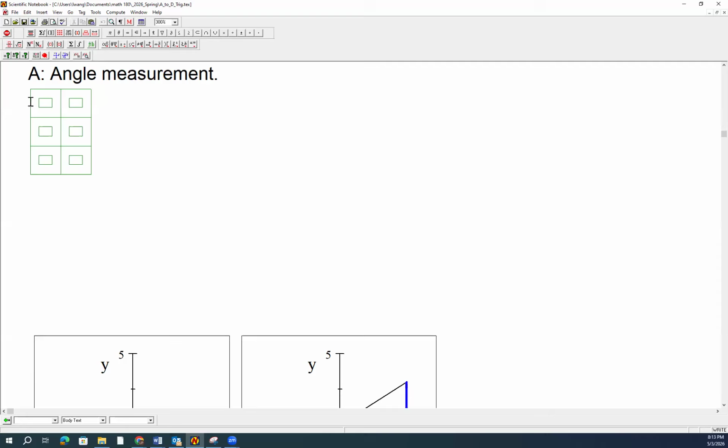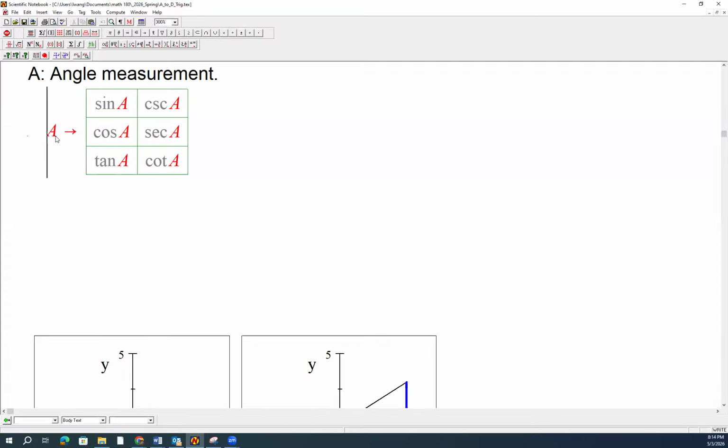I'm going to list the sine of an angle, where A is for angle as input, cosine of an angle, tangent of an angle, and cosecant of an angle, secant of an angle, and cotangent of an angle. All 6 functions take an angle as input. So angle measurement is about how this input of all 6 functions is measured. And of course, the outputs are ratios. We will talk about those ratios after, when we get to D.